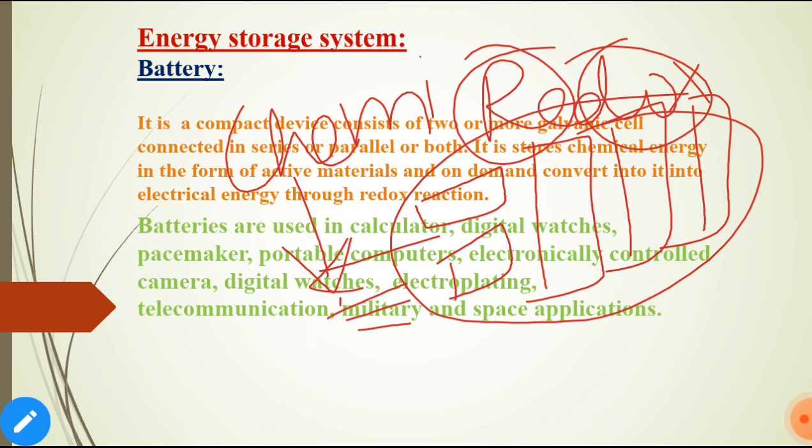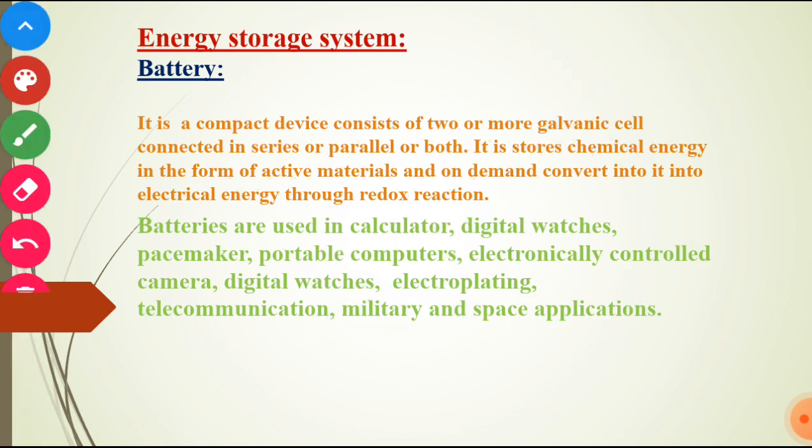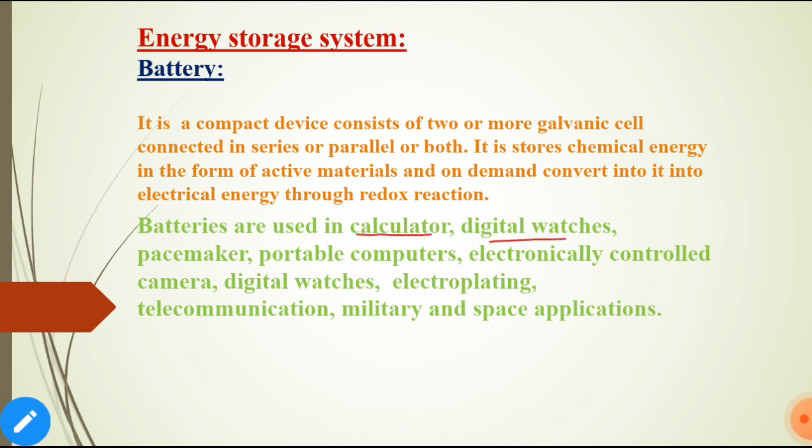Now let us look at examples of batteries. Batteries are used in calculators, digital watches and pacemakers. A pacemaker is a small battery-operated device that sends a signal to our heart when it is beating irregularly or too slowly, making it beat at the correct pace.